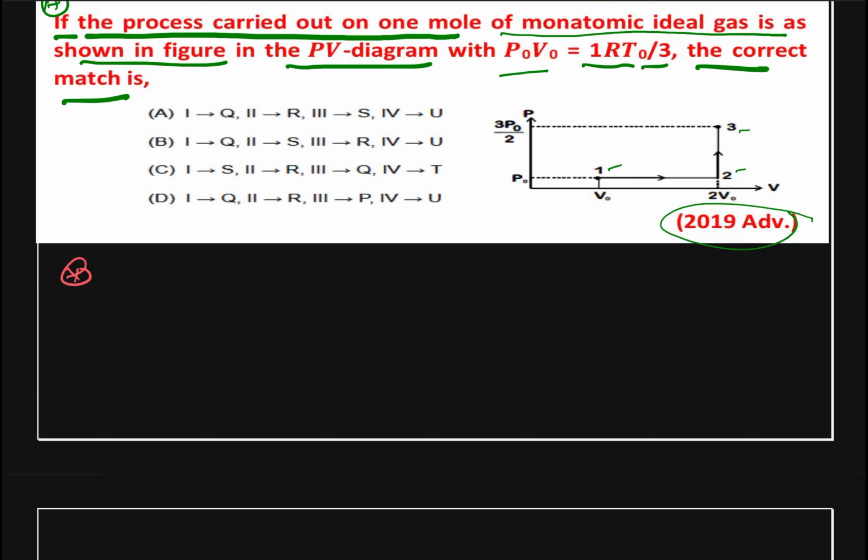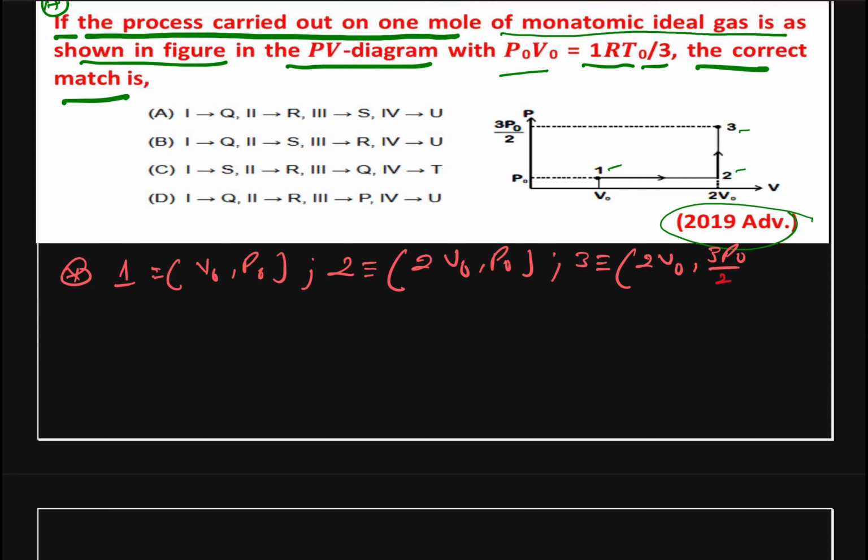For 1, we have V0, P0, and for 2, we have twice V0 and P0, and for 3, we have twice V0 and thrice P0 by 2.